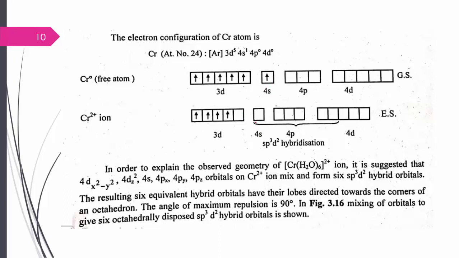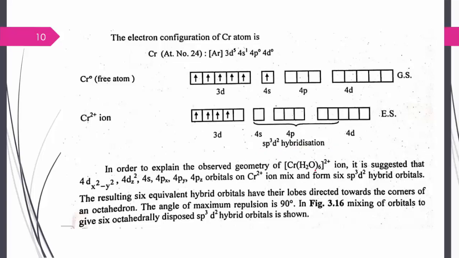Okay, now this vacant 4s orbital, vacant 4p orbitals and 2 4d orbitals, meaning 1 s orbital, 3 p orbitals and 2 d orbitals, all undergo hybridization to form 6 sp3d2 hybrid orbitals, and once the 6 sp3d2 hybrid orbitals are formed they combine with the water molecules of the ligand to form the octahedral structure.